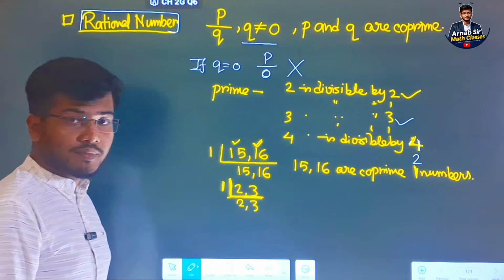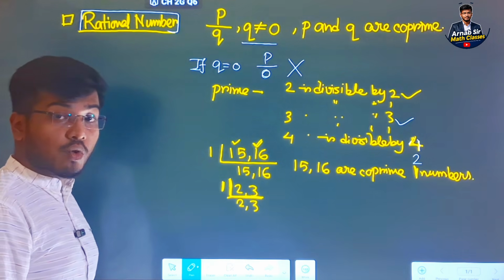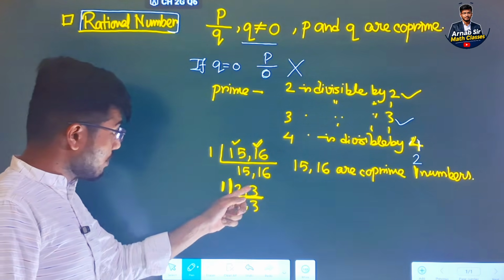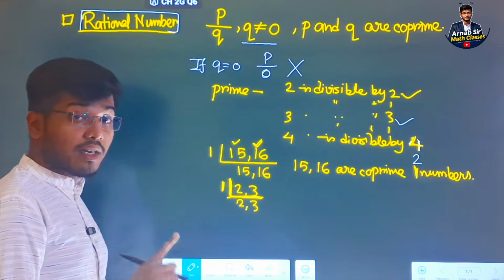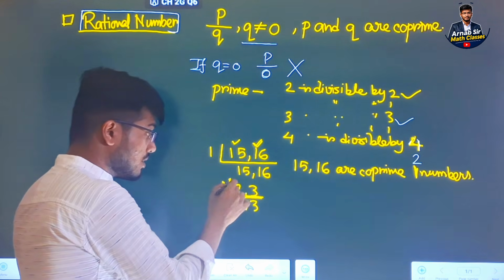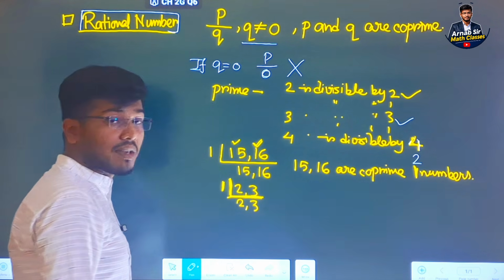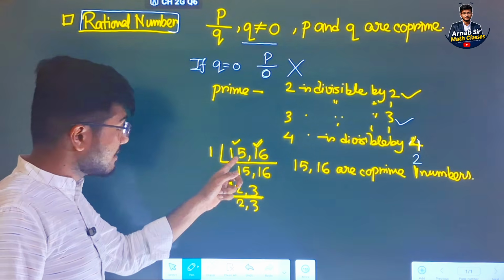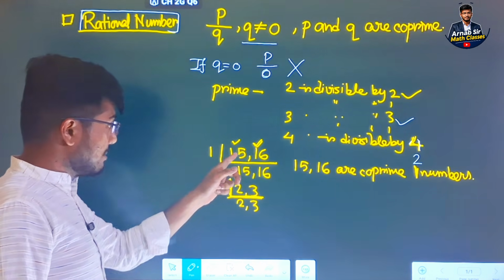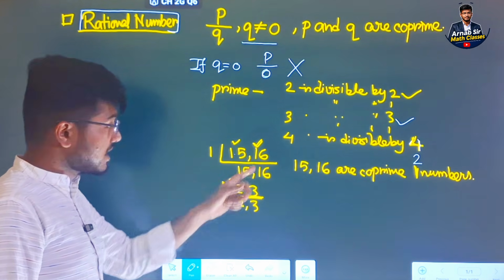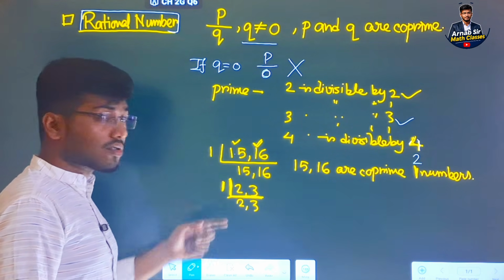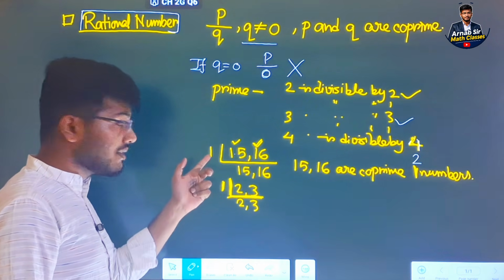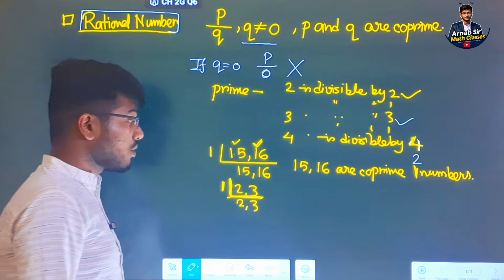But this does not mean that each number in a co-prime pair must be prime. For example, take 15 and 16. 15 is a composite number and 16 is also a composite number, but the common divisor is 1. That means they are co-prime.